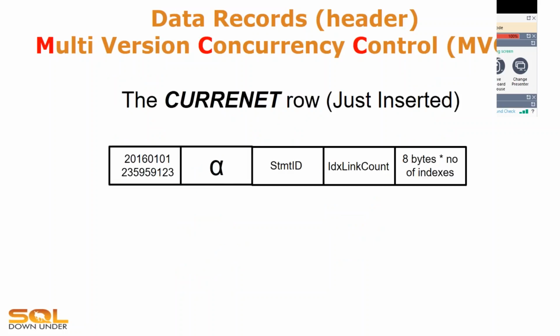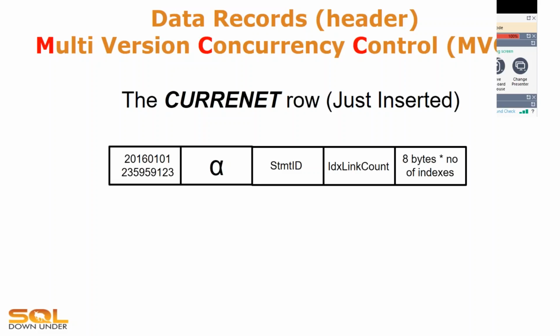So when a row is inserted the first time, we'll see our current timestamp is written over to the left, and our end timestamp is marked with a special symbol. I'll call this infinity, and that basically signifies to SQL Server that this is the current record.